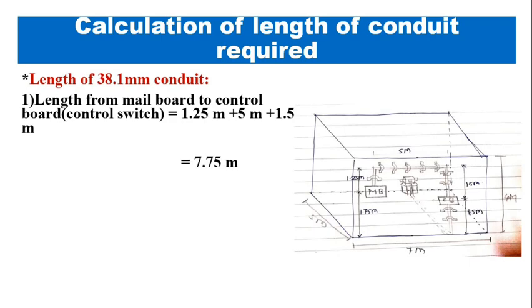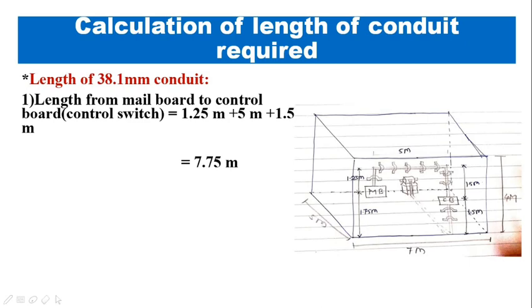will consist of the wiring height, 1.5 m, plus the horizontal run of 5 m to this control board, plus from this wiring height to the control board 1.5 m, because this total is 3 meter, right?